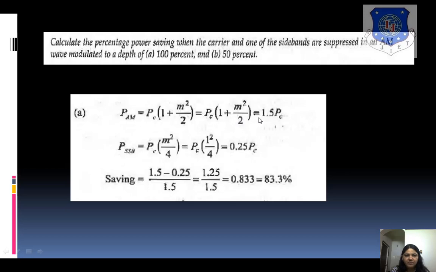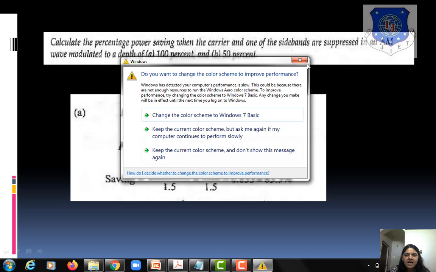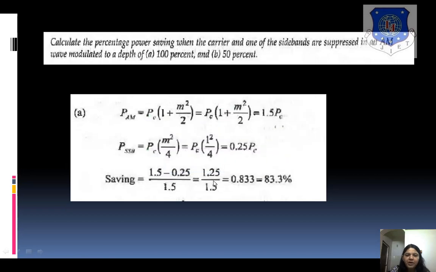So it is 1.5 PC. So PSSB is PC in bracket m square by 4, is equal to PC in bracket 1 square by 4. It is 0.25 PC. So the percentage saving is equal to 1.5 PC minus 0.25 PC upon 1.5 PC. PC is cancelled and it is 1.25 upon 1.5. So it is 83.3%.